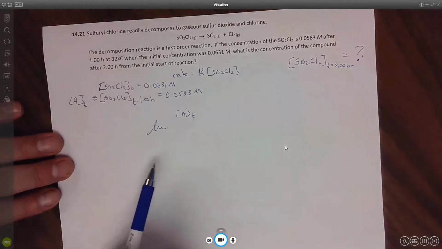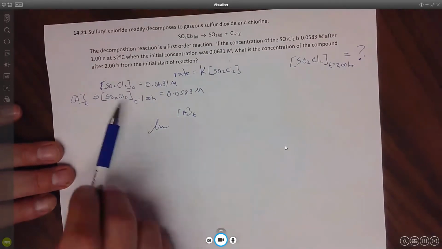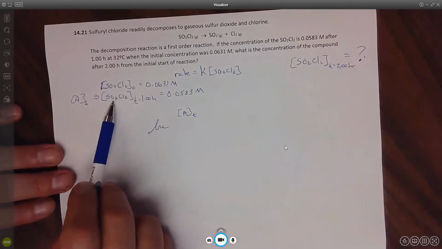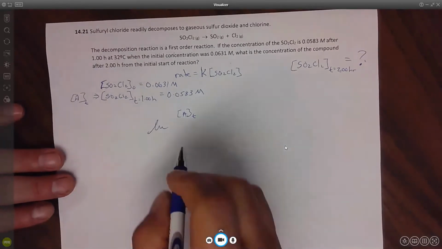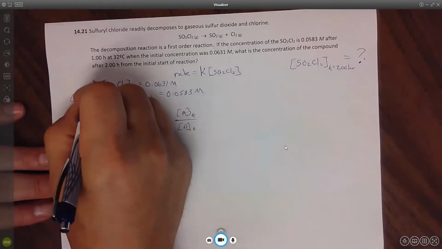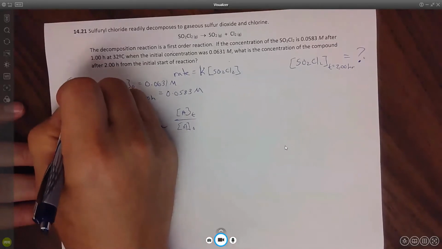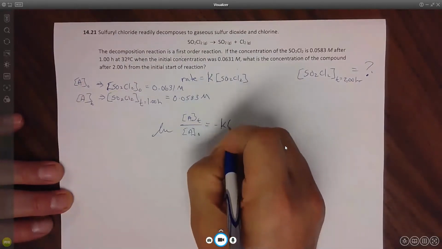If I ask you to be specific and use the chemicals, you're going to replace A with SO2Cl2, because I want to make sure that you understand what these equations mean. So ln of A of t over A naught is equal to negative the rate constant times time.